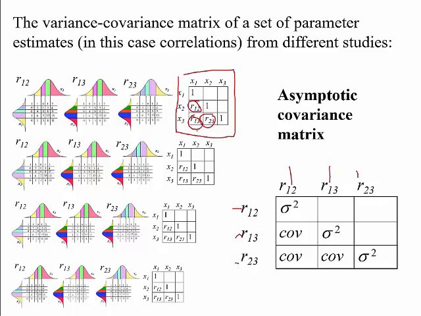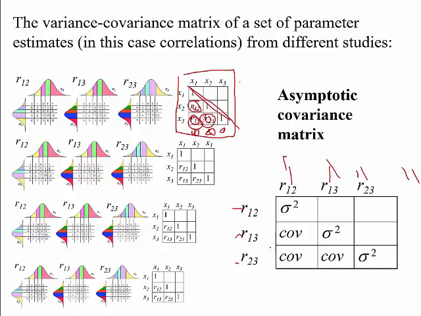What if I had another item here and I was actually estimating 6? If I had a 4-item questionnaire, then I'd have a total of 6 different polychoric correlations. And if I had 6 polychoric correlations in my polychoric correlation matrix, then my asymptotic covariance matrix would be 6 by 6.